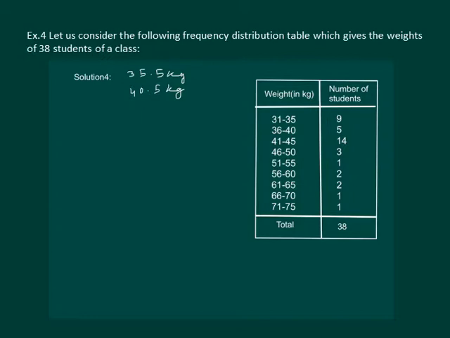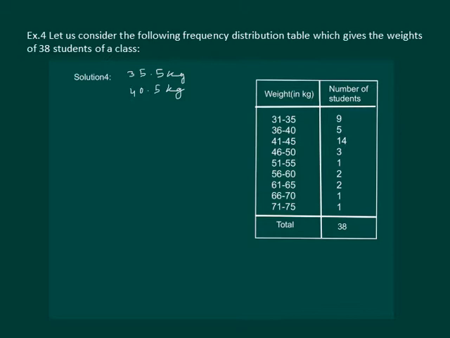We notice that this problem is arising because there is a gap between the upper limit of one of the intervals and the lower limit of the consecutive class. In other words, we are not considering anybody whose weight lies between 35 to 36 or 40 to 41 or 45 to 46 and so on.